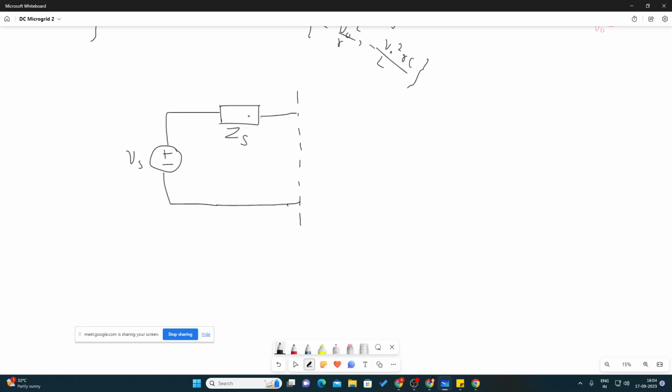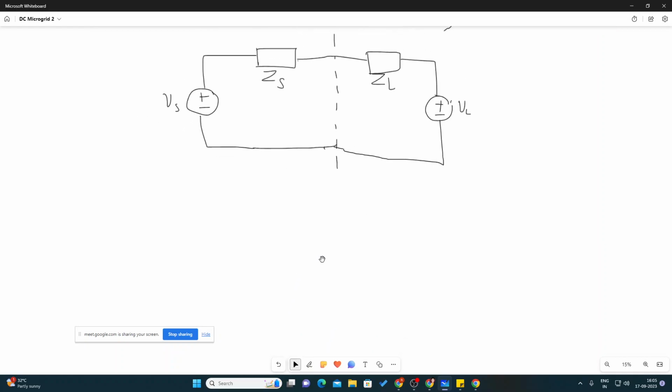Similarly, we can do it for the load portion: ZL in series with VL.